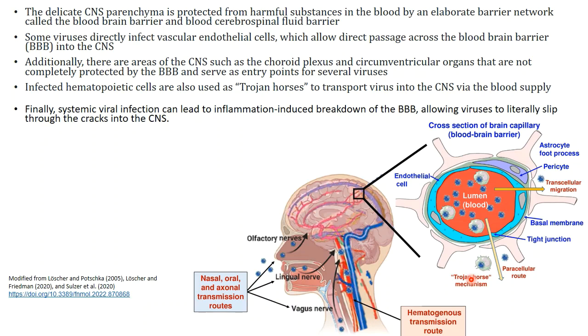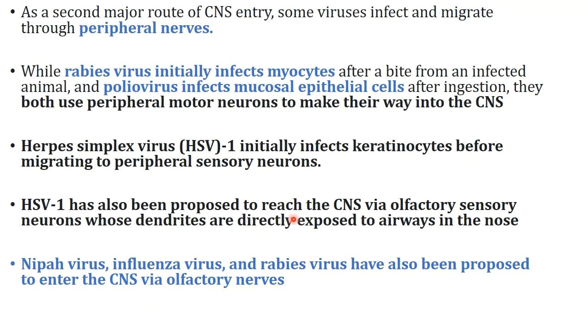Besides this, it must also be noted that the viruses can also travel to the CNS via the nasal, oral, or axonal transmissions via the olfactory, lingual, or the vagus nerves. So yes, a second major route of CNS entry after the blood is the peripheral nerves.